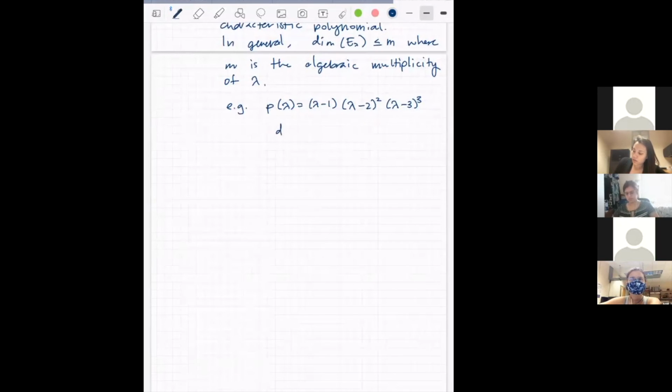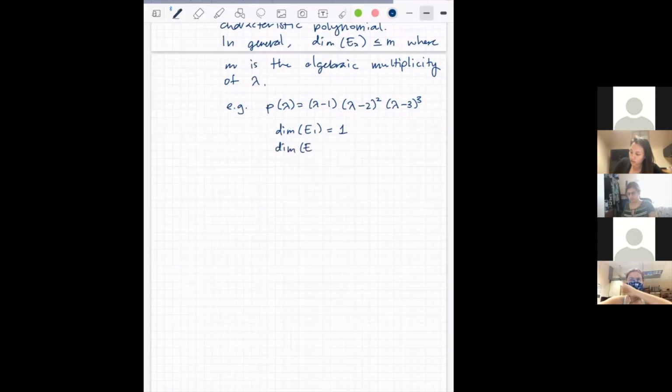Then you know for sure that the dimension of the eigenspace for lambda equals 1 is equal to 1, because it will be at least 1, right? You have at least one eigenvector corresponding to that eigenvalue. You know that for sure. So the dimension has to be less than or equal to 1, and greater than or equal to 1, so it is equal to 1.